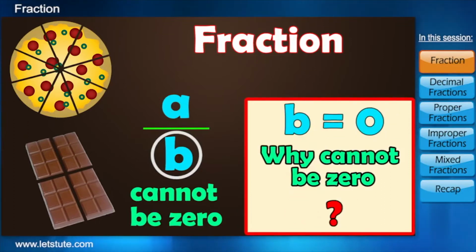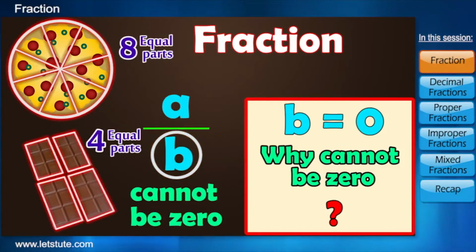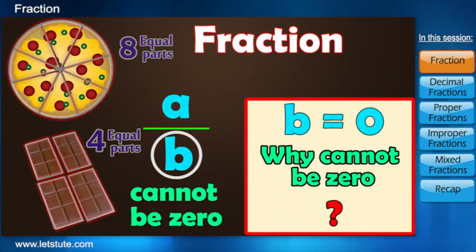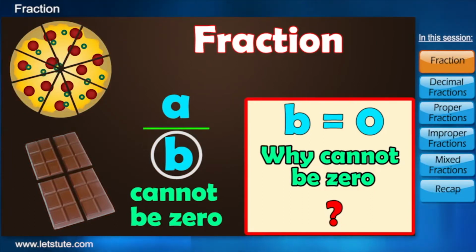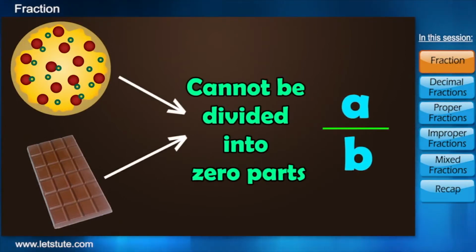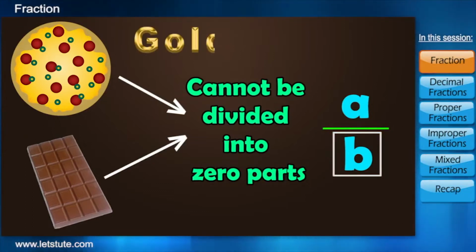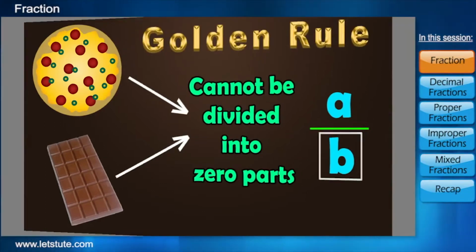But why can the denominator not be 0? Basically, what is the denominator? Denominator is the total number of equal parts in which the whole is divided, right? But if we cannot divide anything into 0 parts, we cannot give any part to anyone, and hence the denominator of a fraction can never be 0. This is one of the golden rules of mathematics.